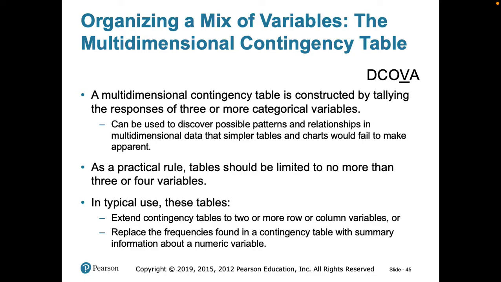As a rule, you want to make sure that the tables are limited to no more than 3 or 4 variables. If you go more than that, it's not as useful. In typical use, these tables extend contingency tables to 2 or more row or column variables, or replace the frequency found in a contingency table with summary information about a numerical variable.